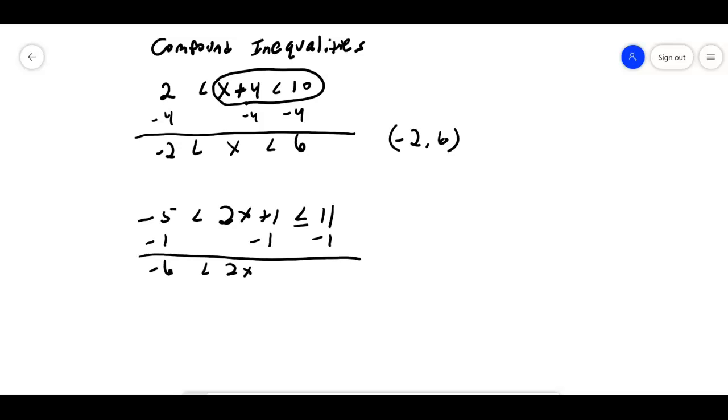This is now 2x, and this is now 10. Next, I divide by 2, and so I have negative 3, x, 5. And you have to notice your symbols. Okay, so this one would look like this, negative 3 to 5, and that one would have the square.